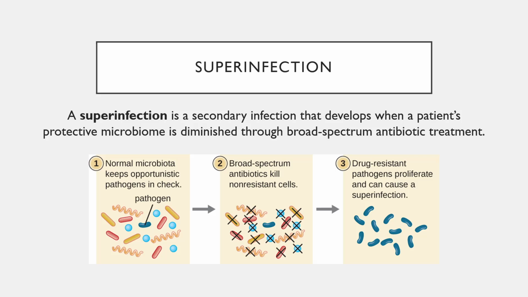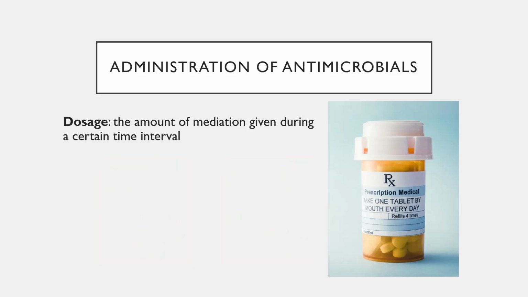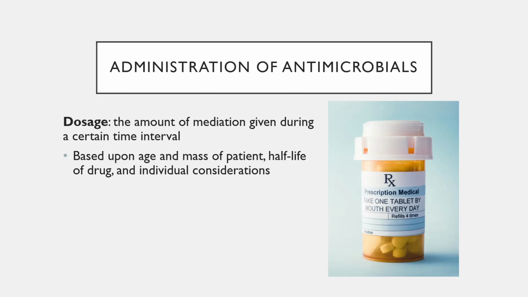When it comes to administering antimicrobials, the dosage is very important. The dosage is the amount of medication given during a certain time interval. Dosage is calculated based on a few variables. They include the age of the patient, their body mass, the half-life of the drug, and other individual considerations that apply to individual patients.